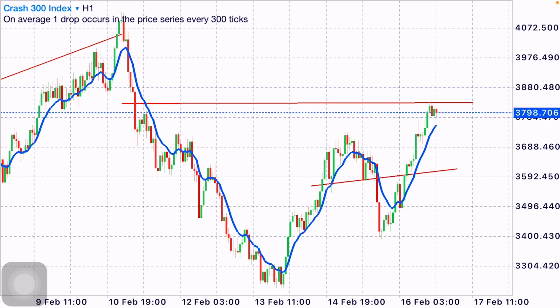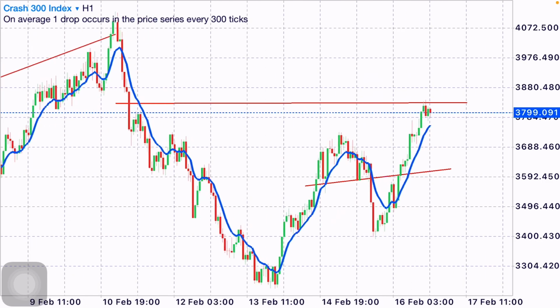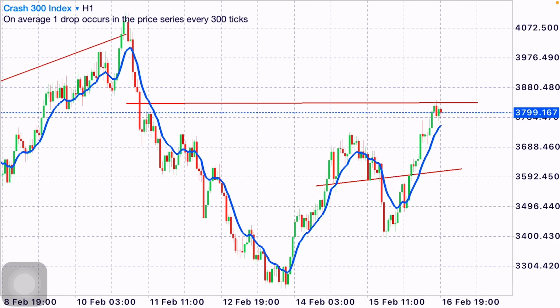So this market is trying to break this place up here, but the resistance here is too strong. That's why it keeps coming back. So you will have to be patient and wait until it breaks that place.